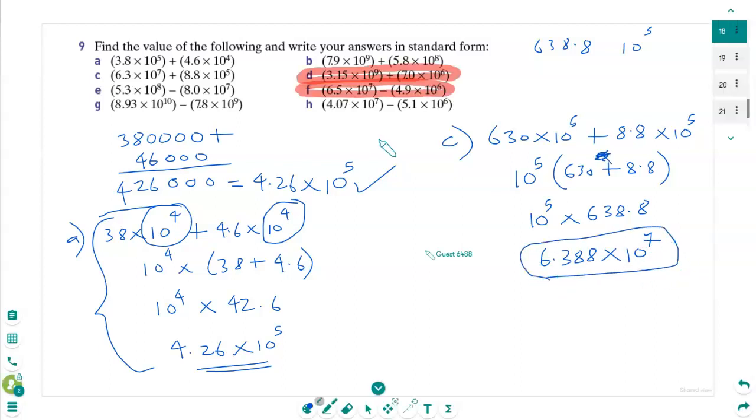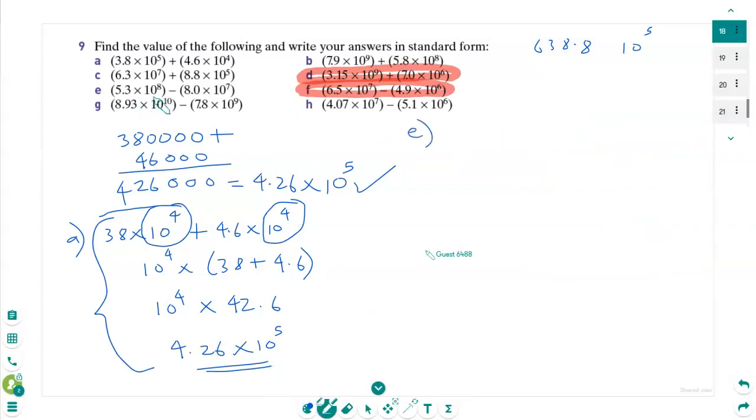Okay, let's do E now. How do you do E? 5.3 into 10 raised to 8 minus 8.0 into 10 raised to 7. So 53 times 10 power of 7 minus 8.0 times 10 power of 7.